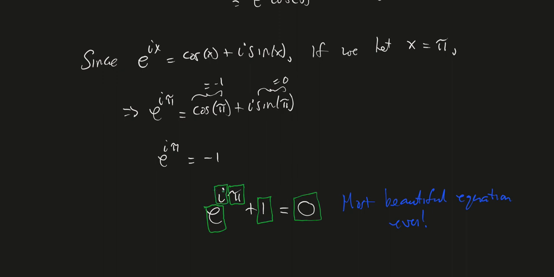That is the basis for all complex numbers. And to have these 5 numbers all together, all related in this single equation. If you're ever going to get a tattoo, this is what your tattoo should say. It should say that e to the i pi plus 1 is equal to 0.